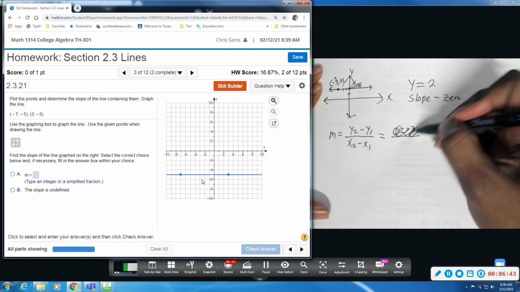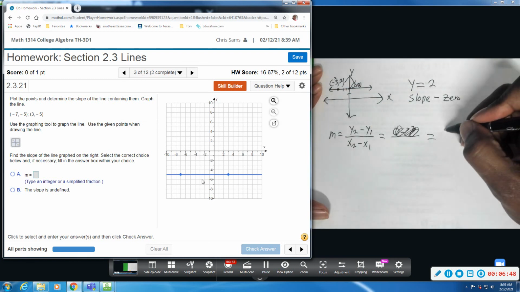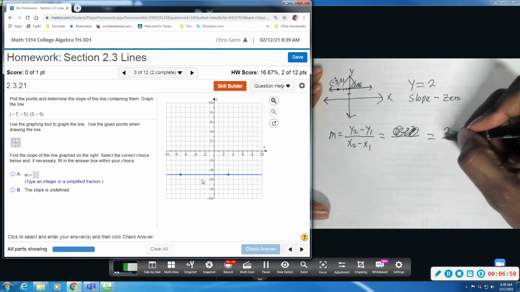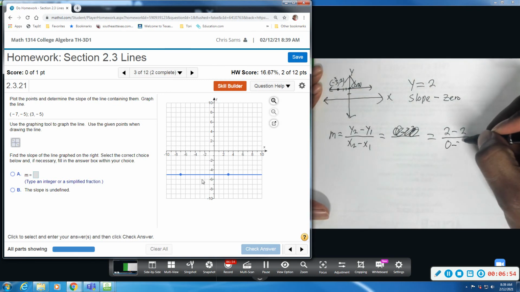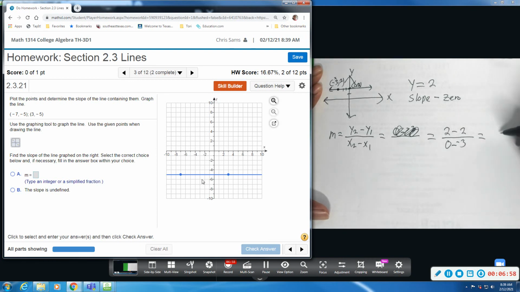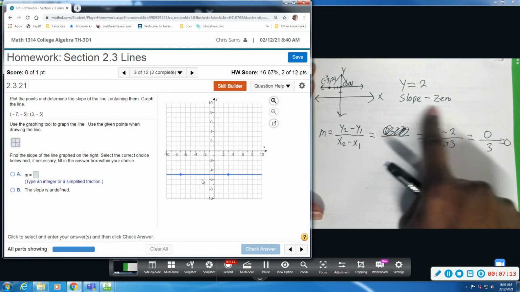Sorry, let me fix that. The y values were 2 and 2. 2 minus 2. The x values will be 0 minus a -3. So from there, when we do the math, 2 minus 2 equals 0. And then 0 minus a -3, which is plus 3, will give us 3. So 0 on top divided by any number is 0. Therefore, that's why we get this 0 slope.